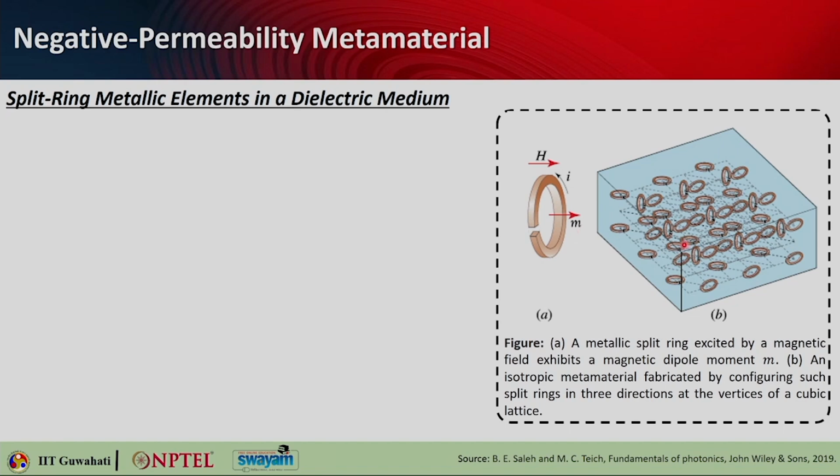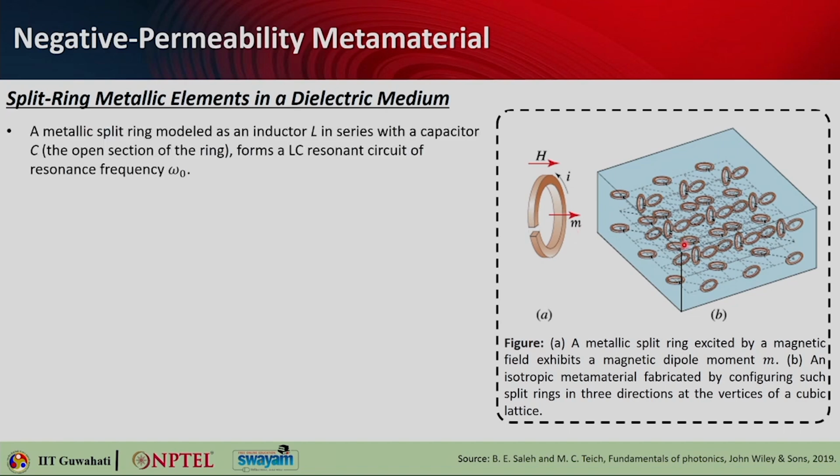Then, just like the way you have done in the previous case, you have to make an isotropic metamaterial by configuring this split ring in 3 dimensions at the vertices of a cubic lattice. Once you do that, you can form an isotropic metamaterial that gives you negative permeability.